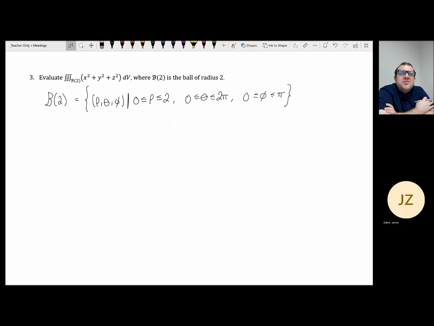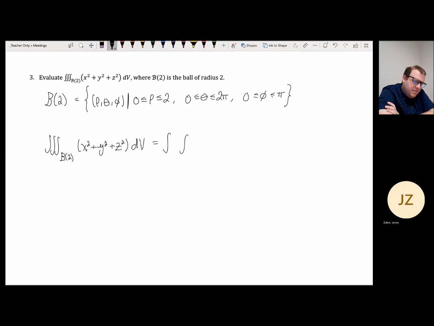The easiest description. Again, the accepted order, the one that is typically used, d rho, d phi, d theta.